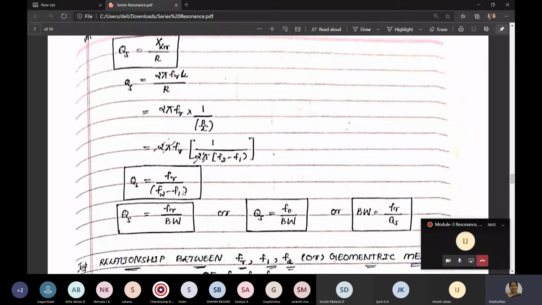This is one more formula: quality factor is equal to resonant frequency fr divided by f2 minus f1, which is the bandwidth. The other way of writing it is, instead of fr, you can write f0 also: f0 divided by bandwidth. And bandwidth is equal to resonant frequency divided by quality factor. It is put in different ways so that it will be convenient for you when solving problems.